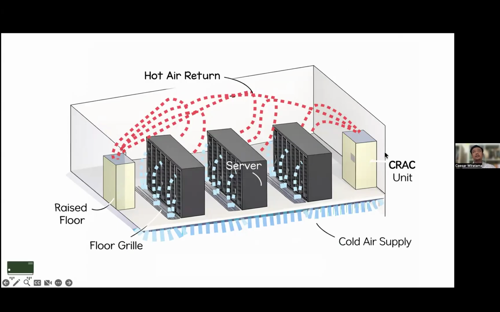This is the unit that handles the air, cools the air, and moves the air around that system. So we have one or more of these to circulate the air, or maybe the fluid if we use a fluid cooling system. And this is basically how it works.